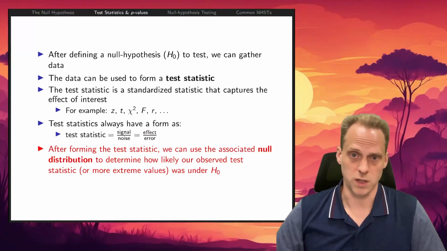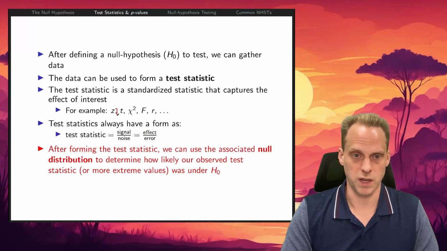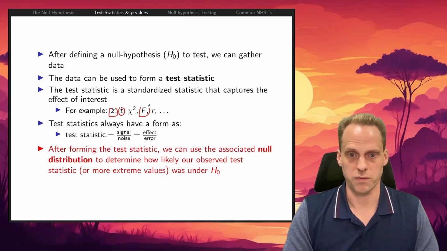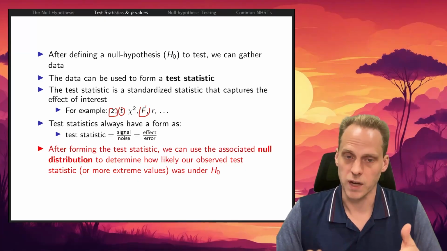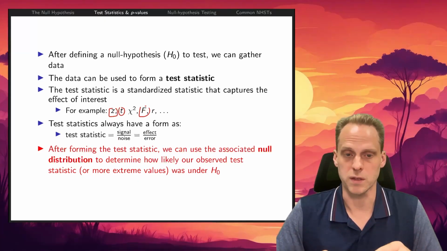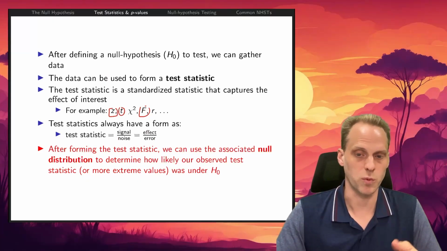So we don't actually look at the distance between means, we look first at the standardized unit, z-scores if we can, or otherwise t-scores. And later we're going to use F ratios as well. Because we know these have defined distributions, and we can look at the probability. We can do it in JASP, or the software will do it for you. We understand their probability and how they work.